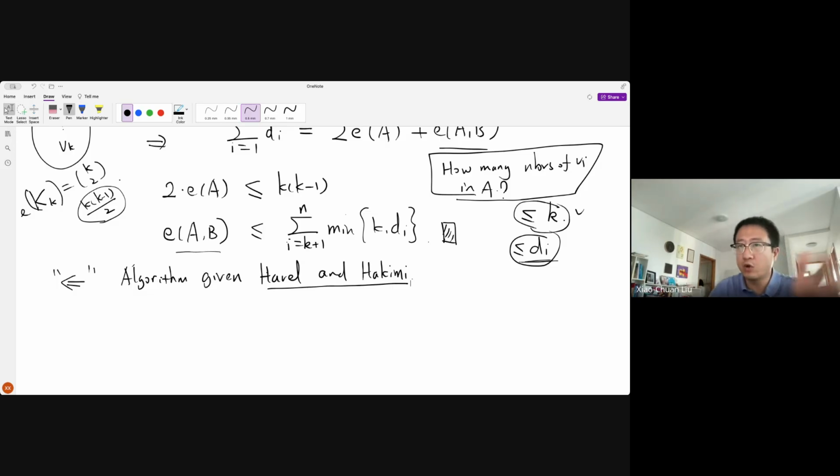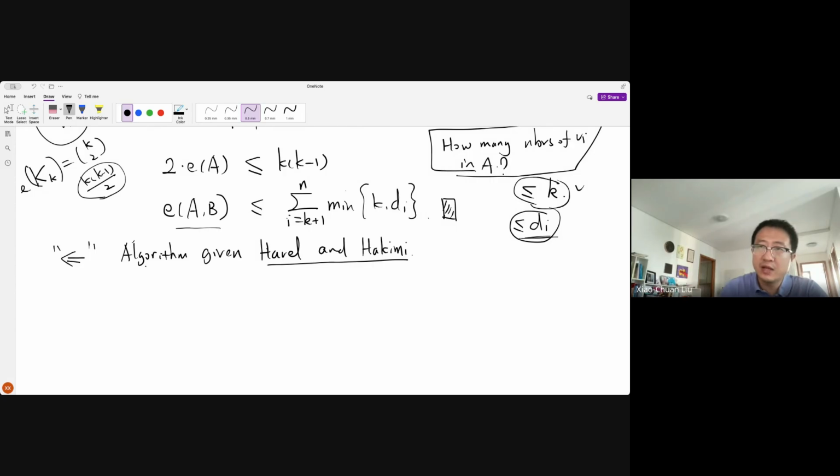So let's describe the algorithm first, and how the proof uses this algorithm is another thing. So we have to pause a little bit to describe this. Let's look at a sequence satisfying the conditions, decreasing.